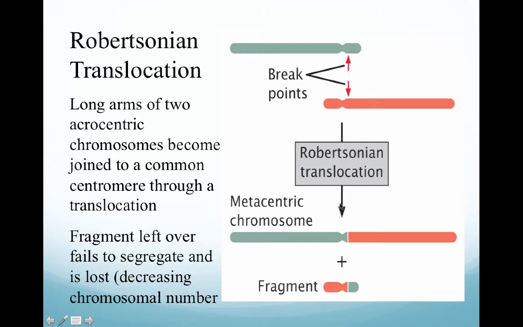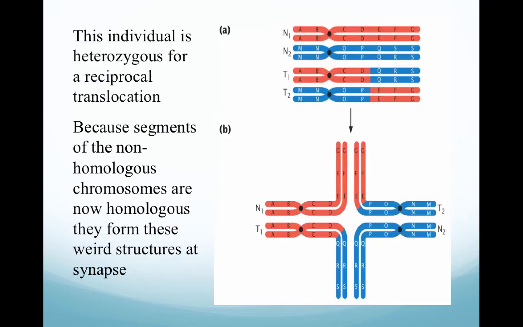They're going to be joined together so that the result is going to be one metacentric chromosome and then a fragment chromosome. And usually that fragment is going to fail to segregate, decreasing the total chromosomal number. So that has a lot of implications.